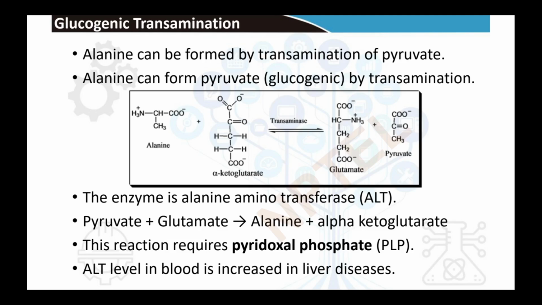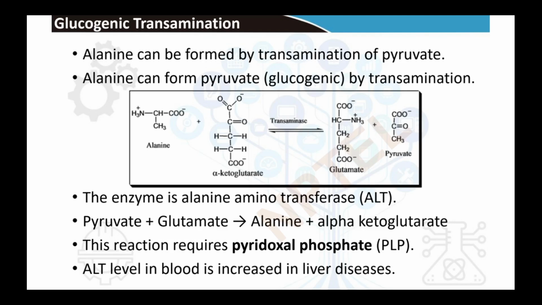This alanine aminotransferase can catalyze the reaction where it transfers the amino group from alanine to alpha ketoglutarate. Once alpha ketoglutarate takes up the amino group, it will become glutamate, and alanine, when it gives away the amino group, will become pyruvate, and this pyruvate can obviously enter the gluconeogenesis pathway.